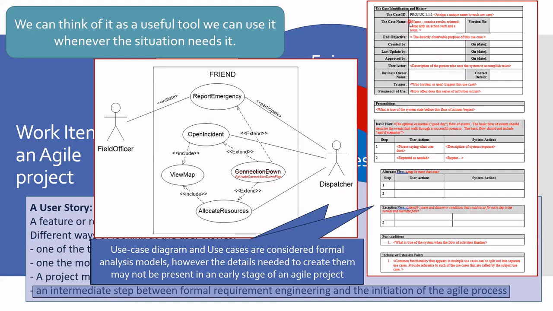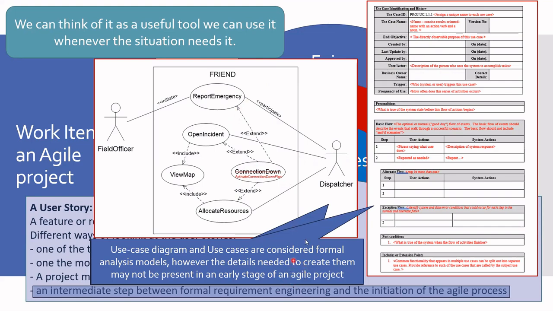There's a use case, and then you can model all the use cases into a use case diagram. So this is UML. These are the analysis models that we have formally in requirement engineering.